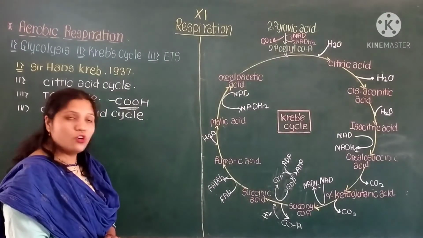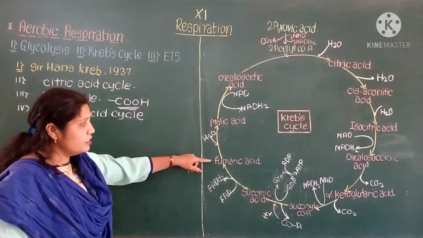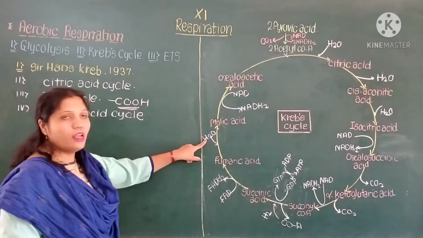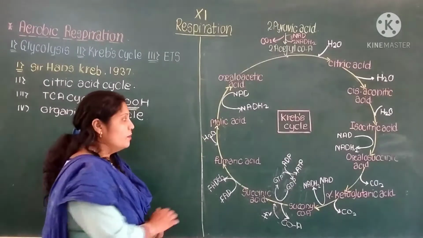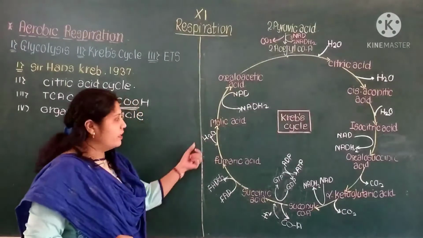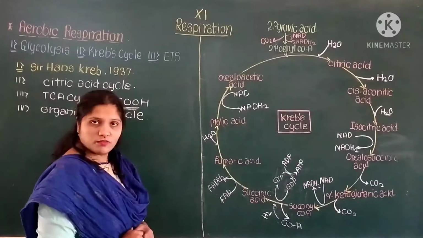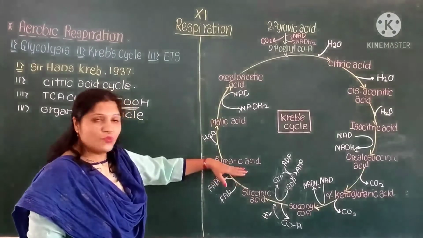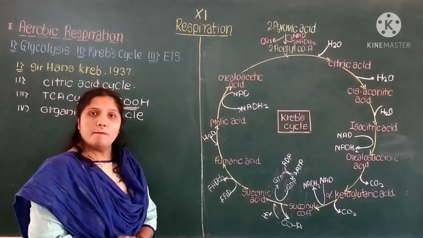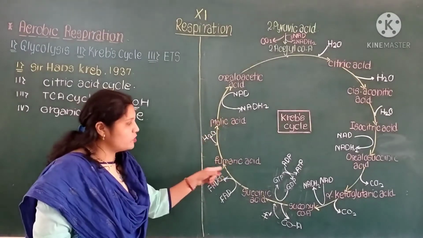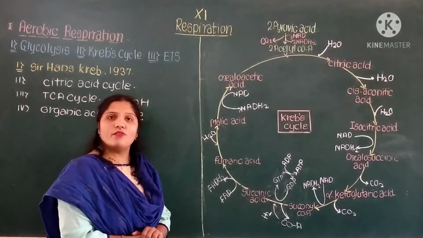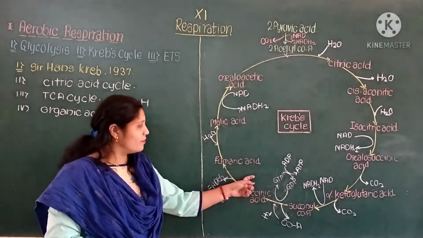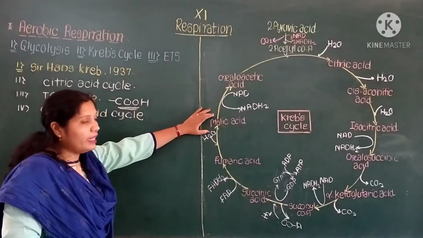Then this fumaric acid undergoes the addition of a water molecule, which is known as hydration. Due to the added water, fumaric acid converts into malic acid, and this process takes place in the presence of the enzyme fumarase.